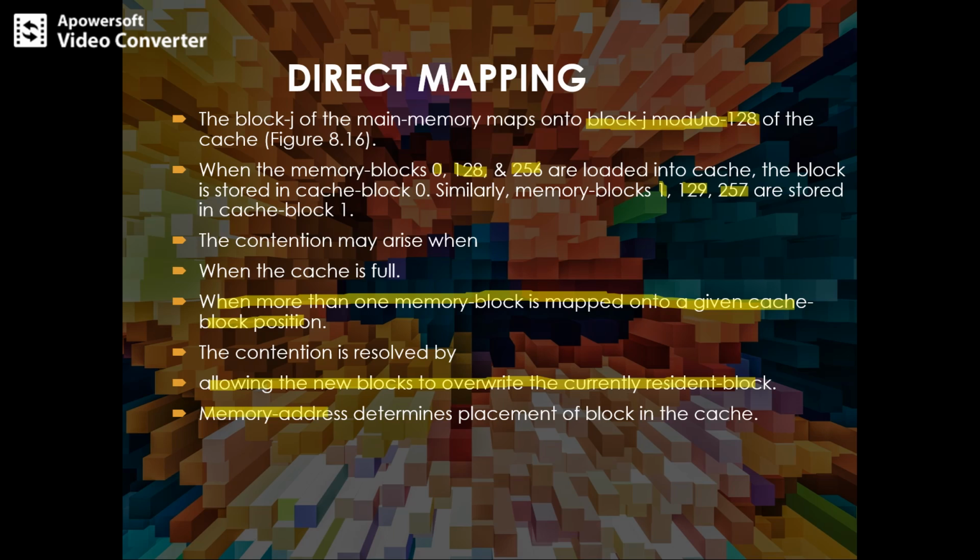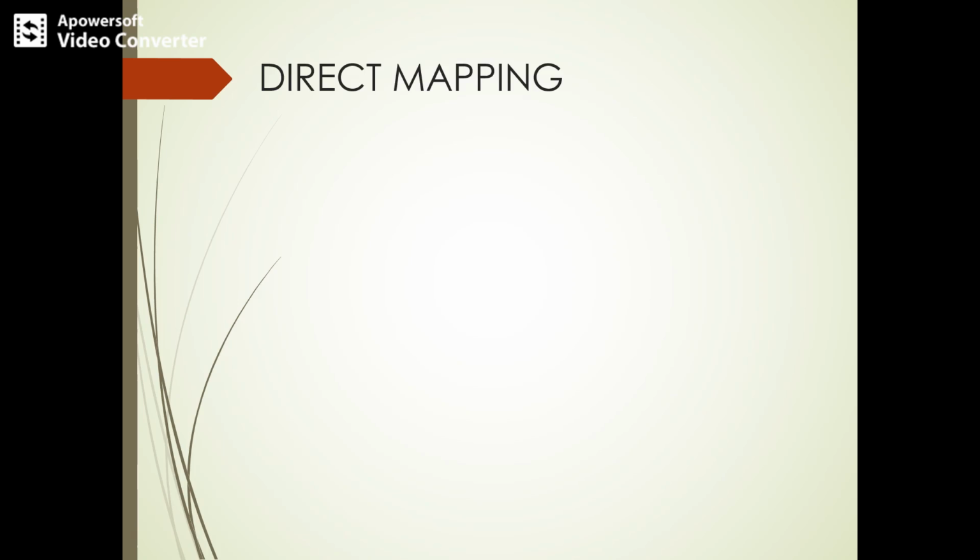We have the memory address information, which specifies the respective block location within the cache. In the case of direct mapping, we know that block 0, block 128, block 256, and so on can be mapped into block 0 of the cache.